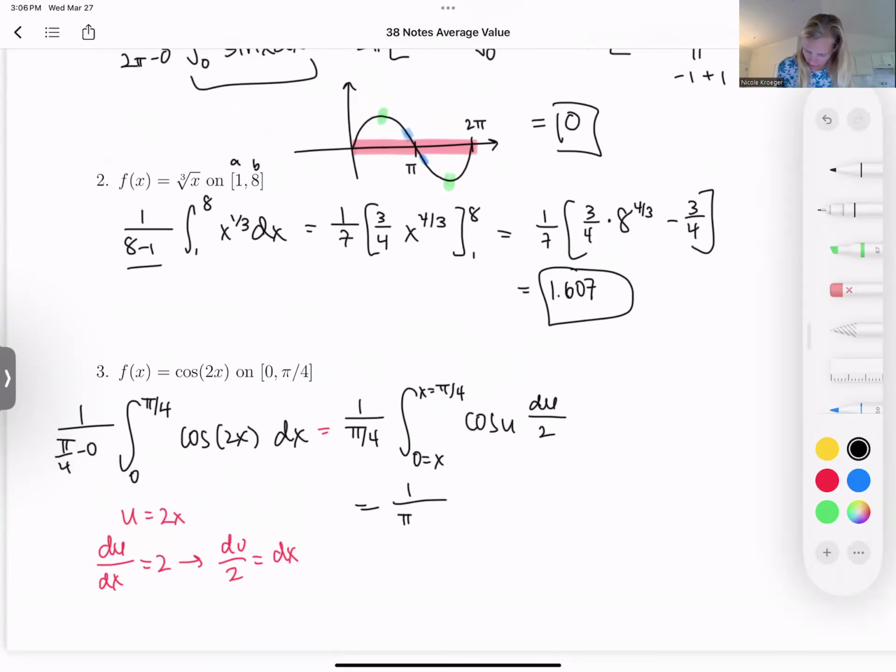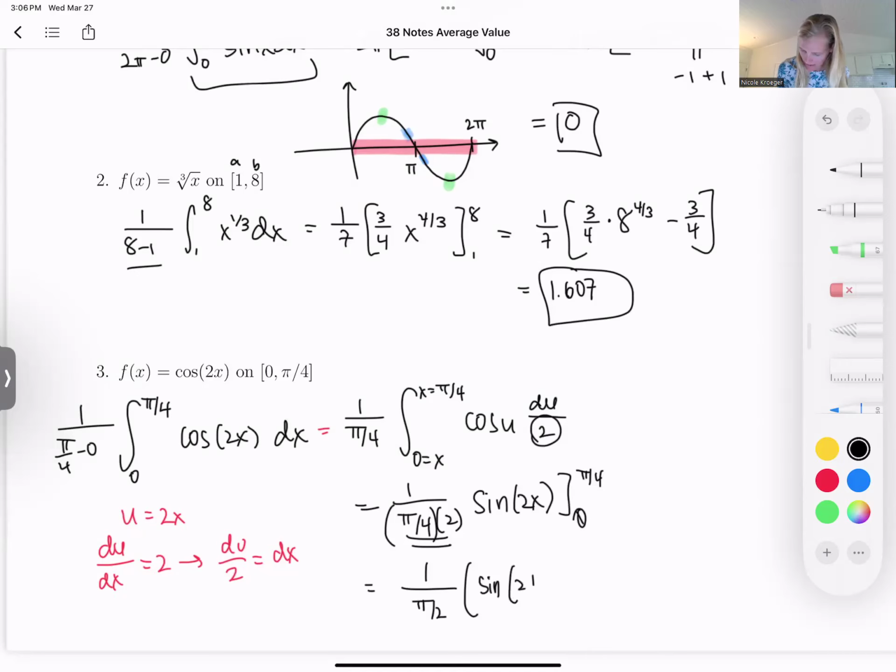So I'm going to have 1 over pi over 4 times 1/2 coming from this guy. The antiderivative of cosine is sine of u. I'll replace the u with the 2x. These are x values, so from 0 to pi over 4. So we have 1 over, this is the same thing as pi over 2, sine of 2 times pi over 4 minus sine of 0.